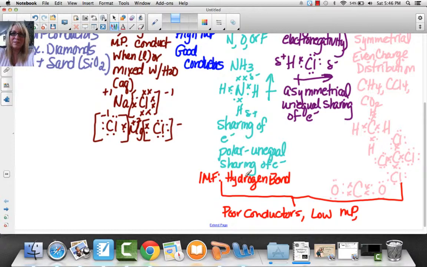Then we have dipole-dipole. So this is our dipole-dipole here. And then we also have London dispersion forces. And London dispersion forces, these are our LDFs right here, our nonpolar molecules.